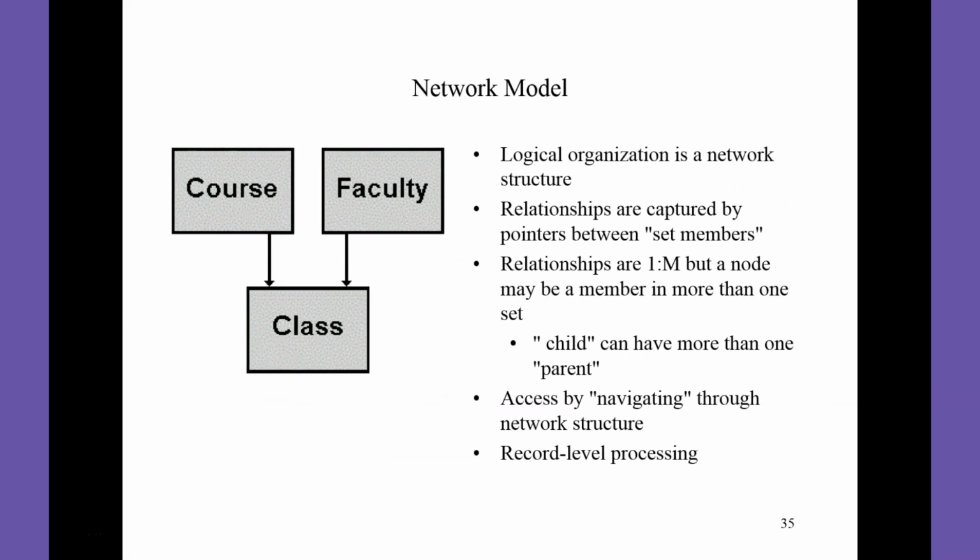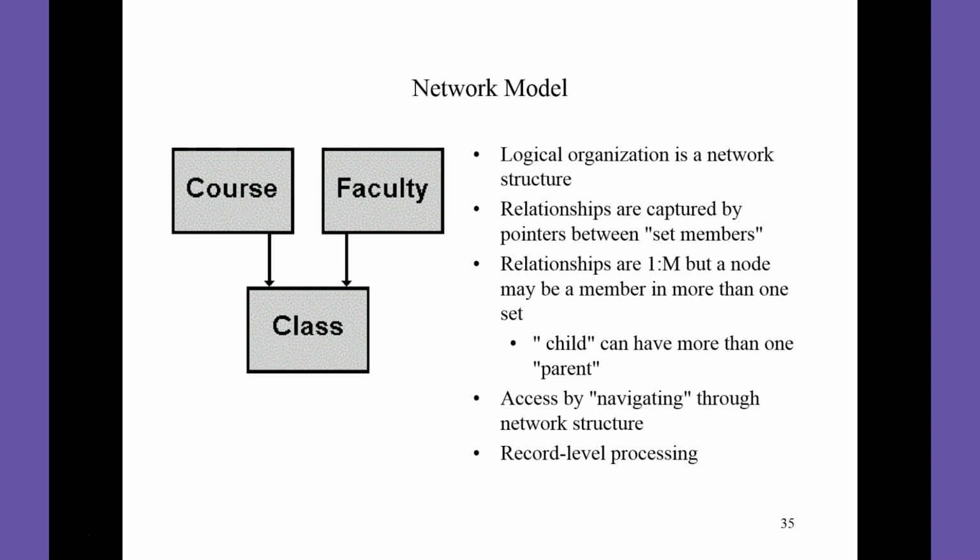The network model is another mainframe era type of data model. The logical organization is that of a network where relationships are captured again through pointers, somewhat similar to what we see in the hierarchic model. Although the relationships again are one-to-many, it is possible that a node may be a member in more than one set.